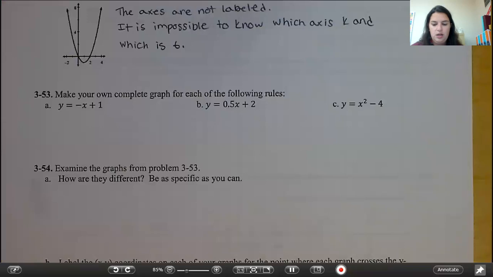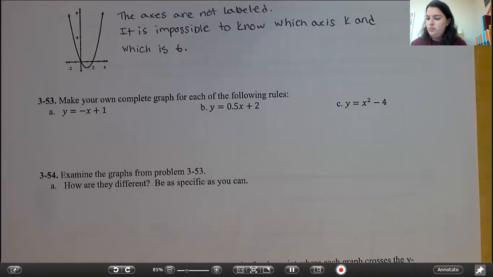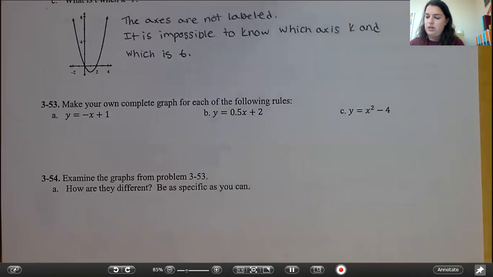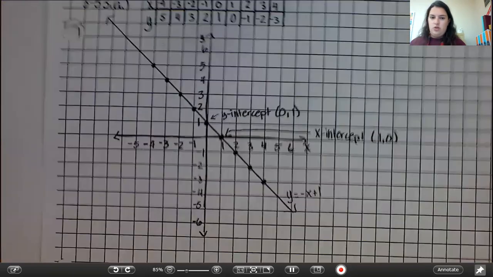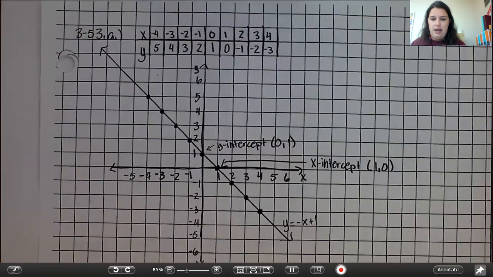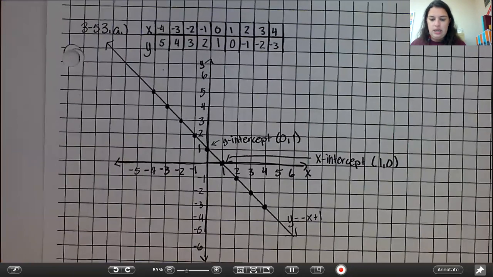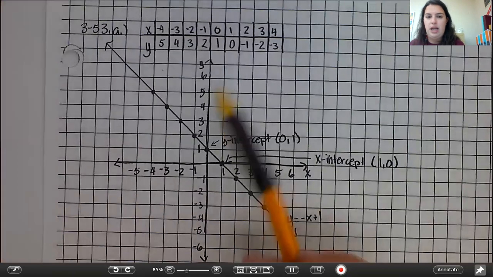Okay. If you are back with me, we are going to take a look at the graphs. So for 353A, we had y equals negative x plus 1. So you might have had to make a table.